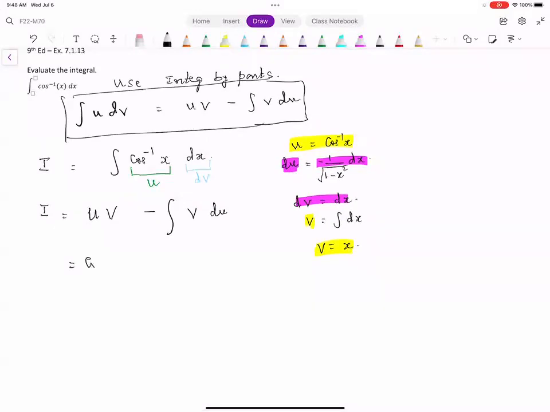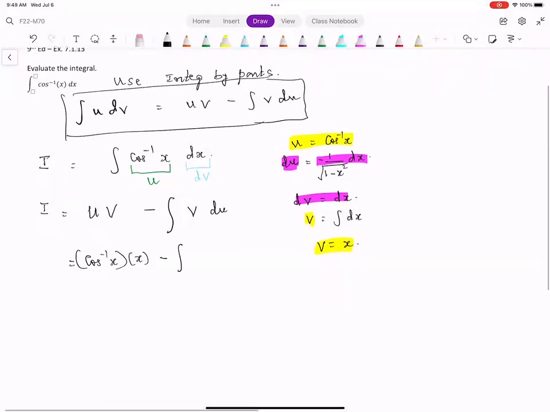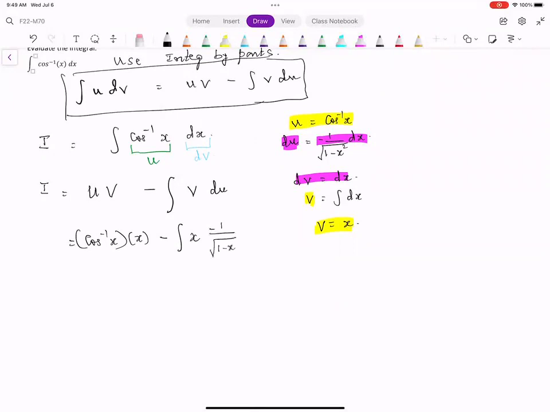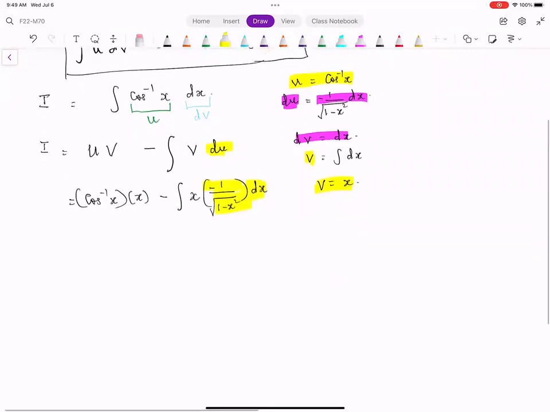U is cosine inverse of x. V is x. We'll put them in parentheses and then we'll reorganize. Integral v, which is x, and then du. Du is negative 1 over square root of 1 minus x square dx. Right? So this is the du that I have substituted.